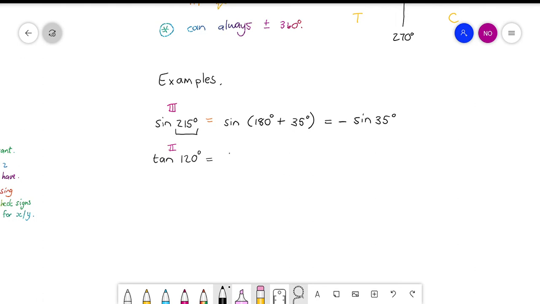So in the second quadrant, what's our reduction formula? 180 minus what? Remember, you have to get to 120 again. 60? Do you agree? What's 180 minus 60? 120.